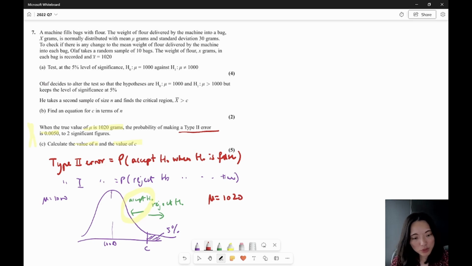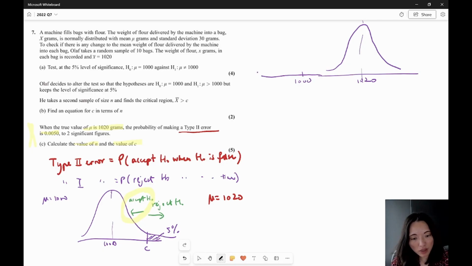We know that H0 is false because we've been given mu equals 1020. Let's draw on another diagram, mu equals 1020. 1020, of course, is greater than 1000. So we've got 1000 here. I'm going to draw on the same graph the distribution with mean 1000. So I've got my critical value of C, and to the left of C is where I accept H0.